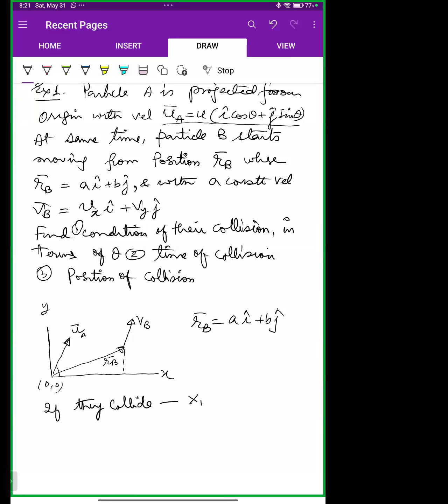So, x1 plus A, how much is x1? X1 is u cos theta t, plus A is equal to Vx into t.